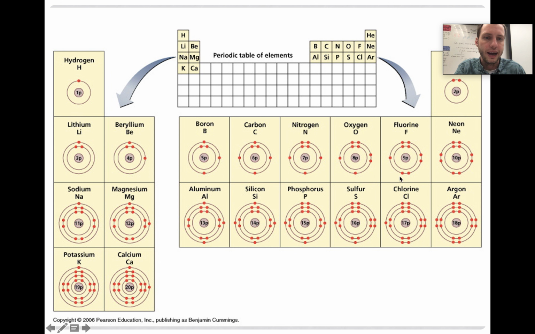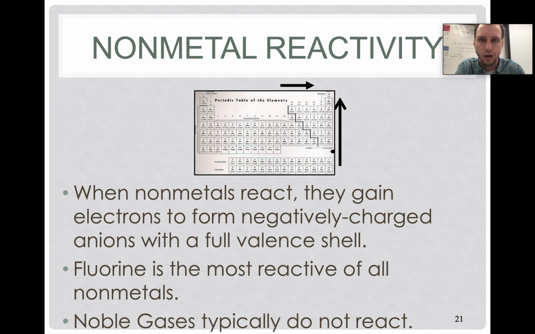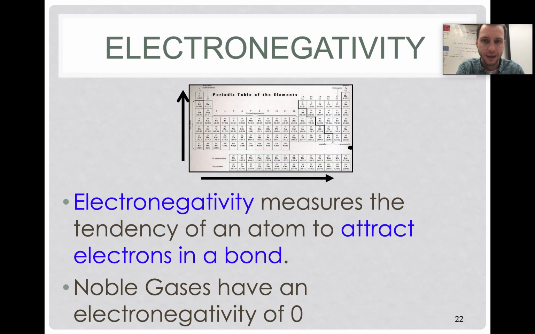Well, the halogens are really close to filling their valence shell, so they're going to do everything they can to get an electron from anywhere, and that makes them very reactive and want electrons. It's also that they're smaller atoms here, closer to the nucleus, so the pull for electrons is stronger there, and that's why it makes them more reactive nonmetals.